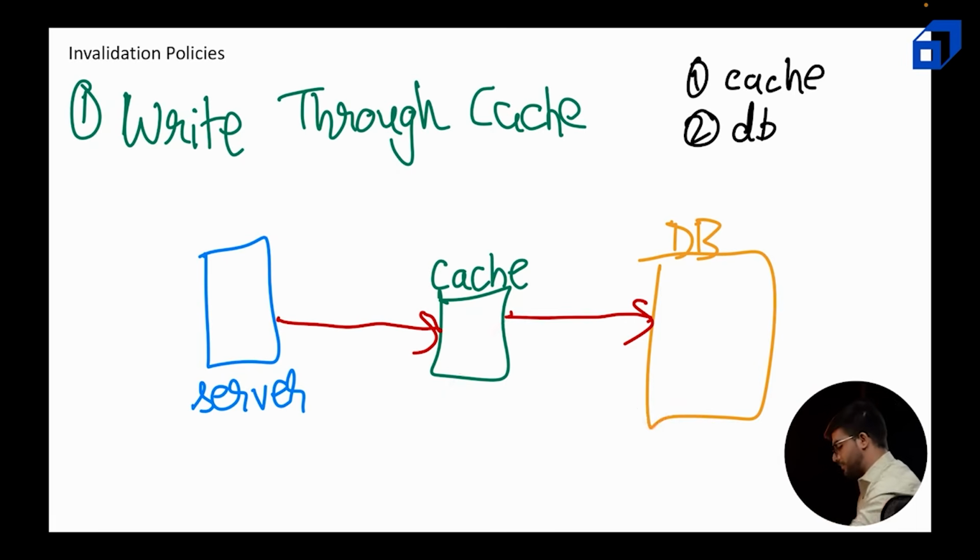Now let's say I added these two values. For the sake of clarity, I just added lol in both of them. Now let's say lol was never accessed during the reads. Then the write that we performed in the cache is completely useless if we are not going to access it in recent time. So it depends on the use case. If the recently written or recently updated information is not going to be accessed, we should ideally not use this particular strategy.